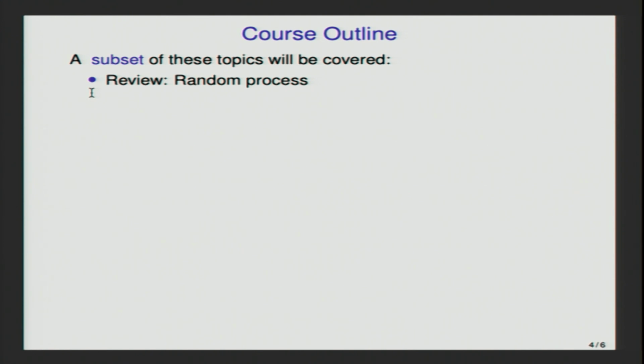We will start off with a review on random processes, which essentially starts from random variables, moves to random processes, defining them, understanding properties such as stationarity or wide sense stationarity of random processes, and then how that relates to power spectrum, and what are correlation and covariance. These are the concepts which we will be reviewing in the lecture on random processes.